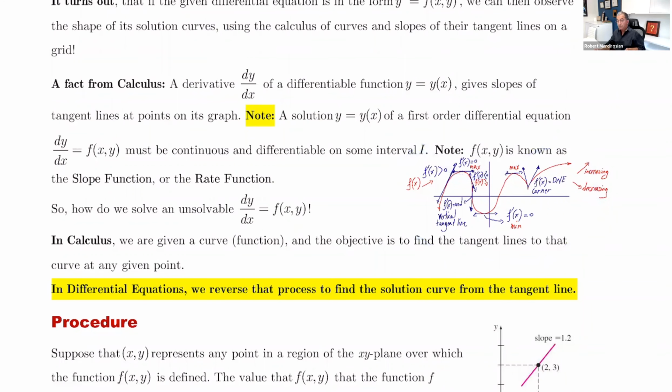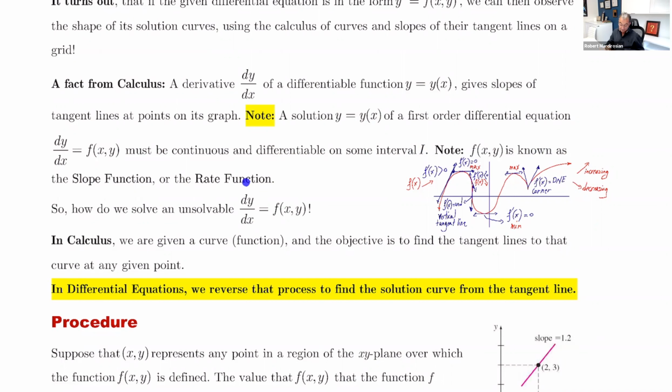So in calculus, given the function, we found the first derivative to get an idea if the function was increasing or decreasing, and the second derivative gives us the concavity, but we're not going to be talking about the second derivative here. Now, what happens in differential equations? In differential equations, we can't get the function.